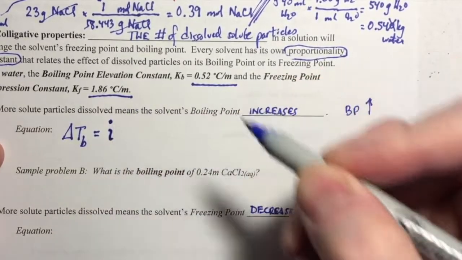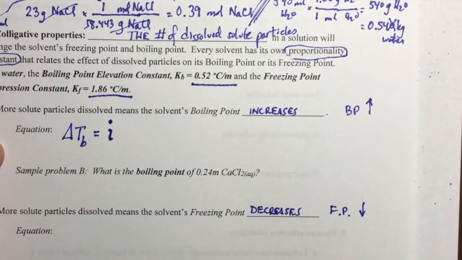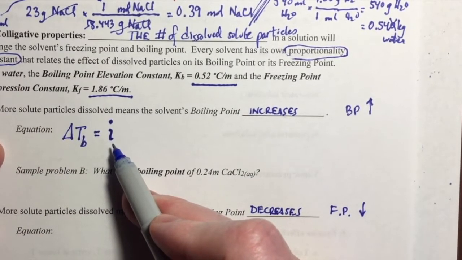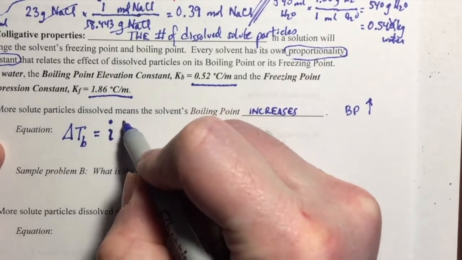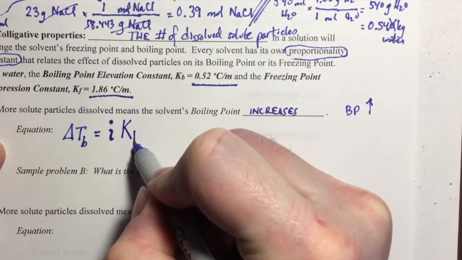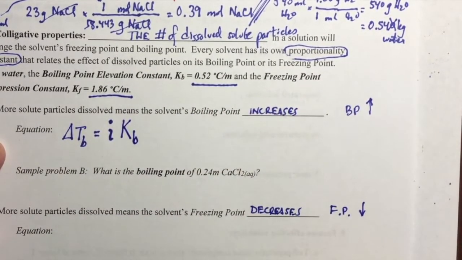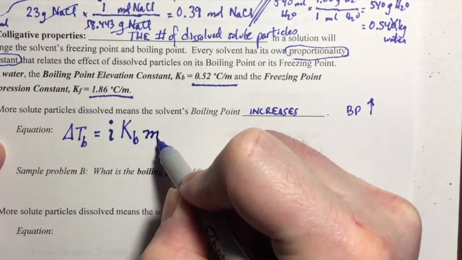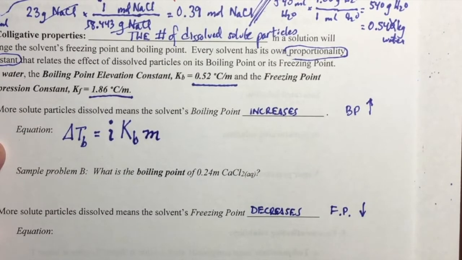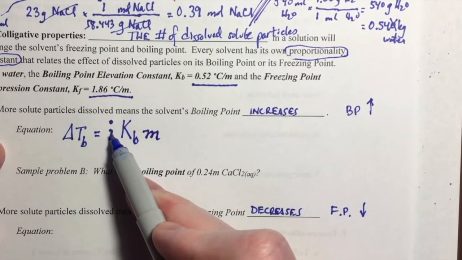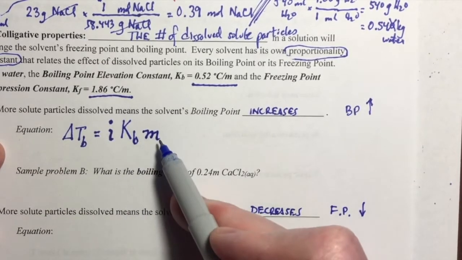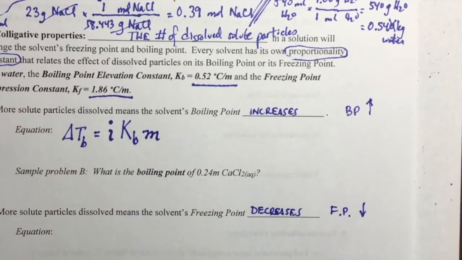It's an i, and I'll explain what that is in just a moment. Delta T sub B equals lowercase i, capital K sub B, and then the molality. So I have three terms here: lowercase i, capital K sub B, and then molality.